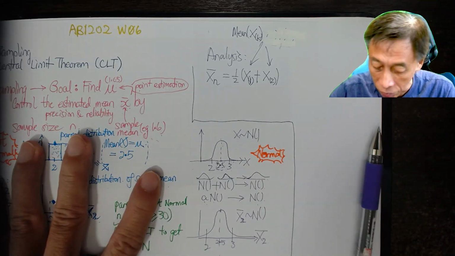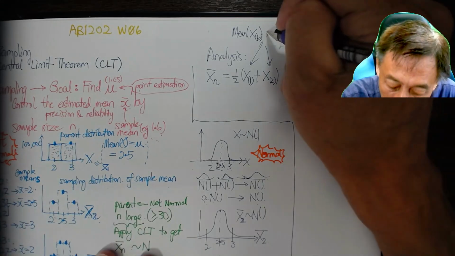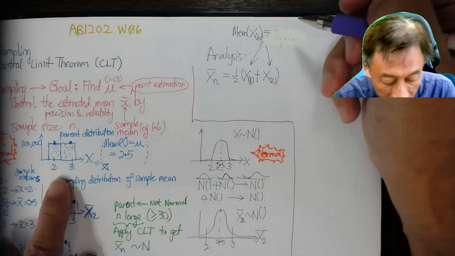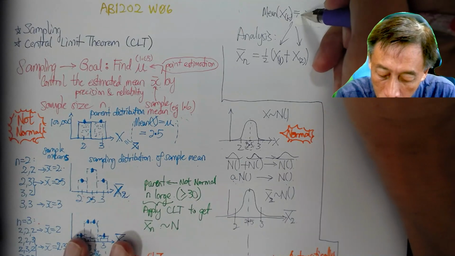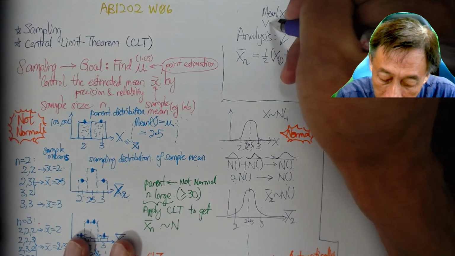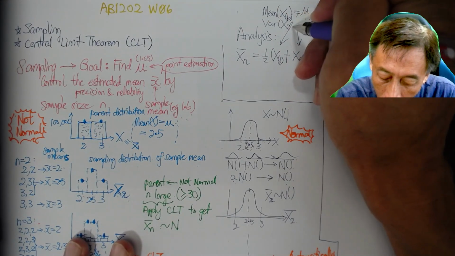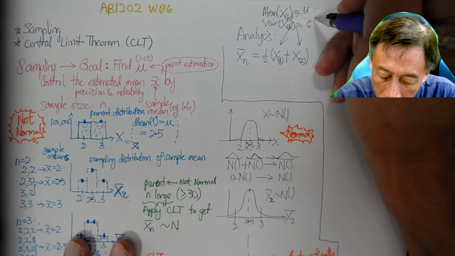Okay, so I need to erase that. Let's say they all have the same mean. In this case, it's 2.5, but I'm going to generalize it to mu. And the variance of all the xk's we'll call sigma squared.